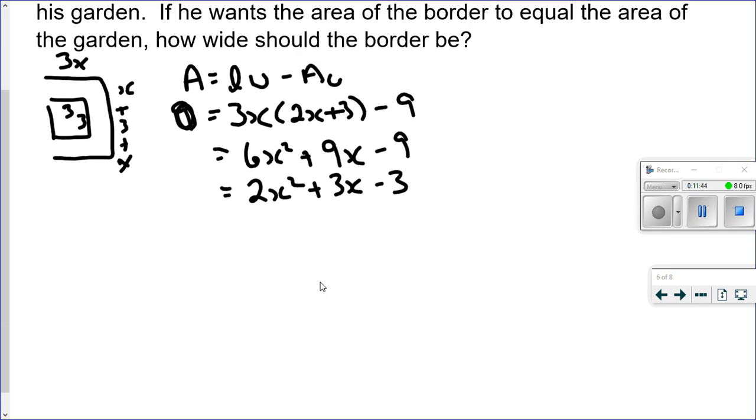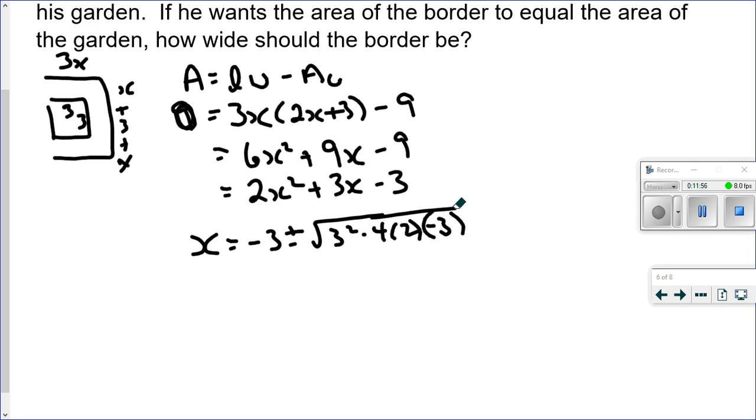All right. What is that? 8 times 3 is 24, positive 24.